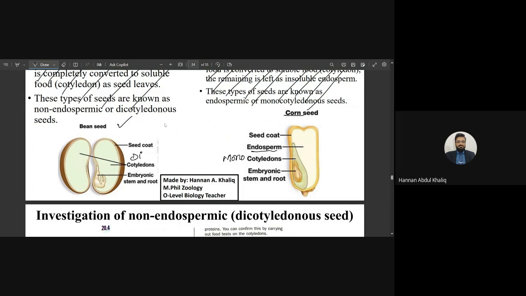But it is a reality that both do contain endosperm. Only it is hidden in the dicotyledonous seed.